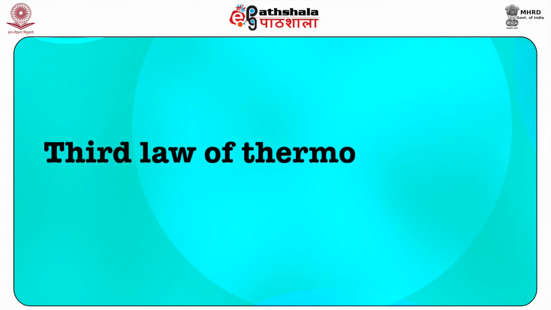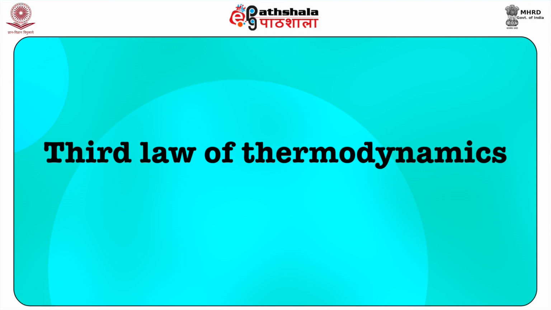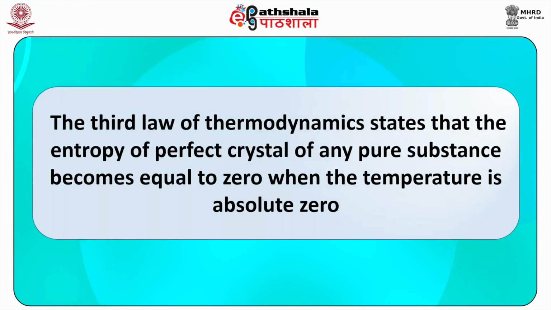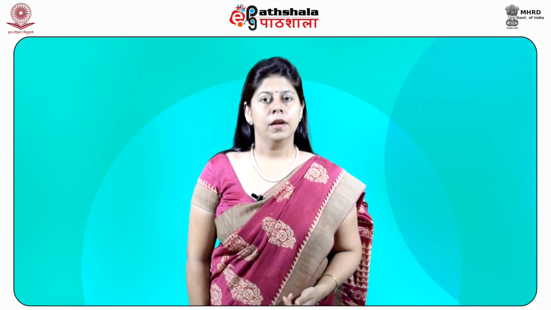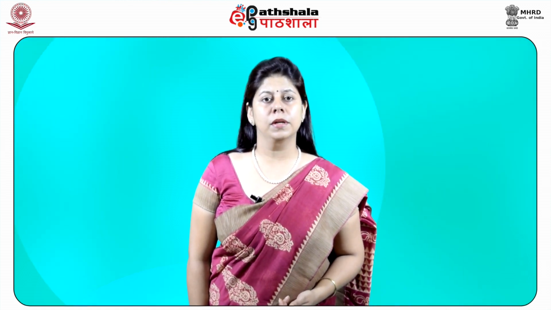Now we will see the third law of thermodynamics. The third law of thermodynamics states that the entropy of a perfect crystal of any pure substance becomes equal to 0 when the temperature is absolute 0. At this 0 temperature, the system must be in a state possessing minimum thermal energy.